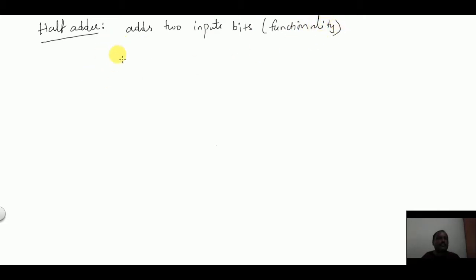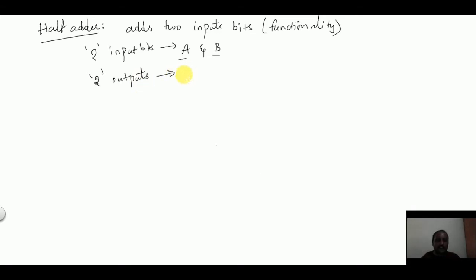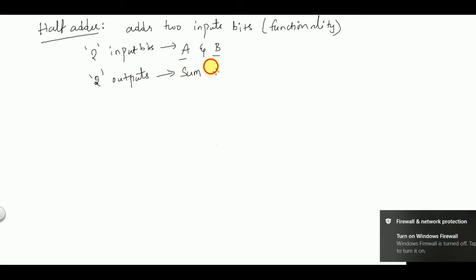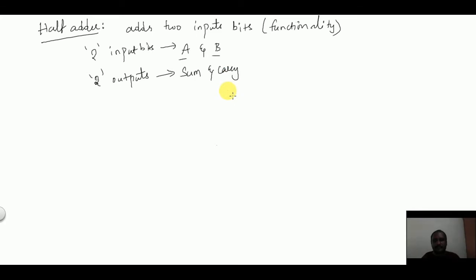Since it has two input bits, I am taking those two input bits as A and B, assigning the variables A and B to them, and there will be two outputs. For half adder, I am assigning the names sum and carry.